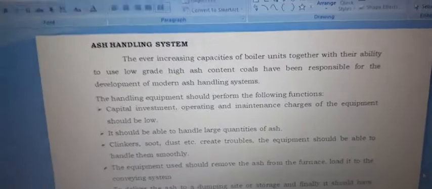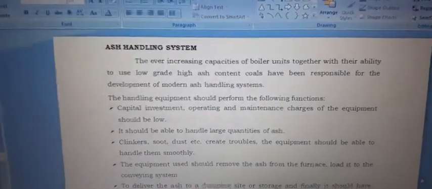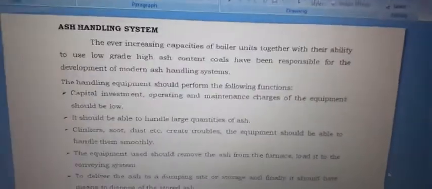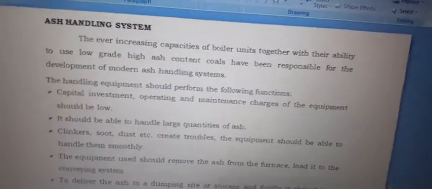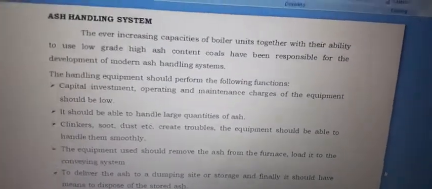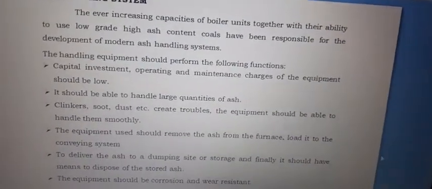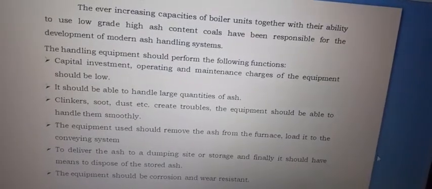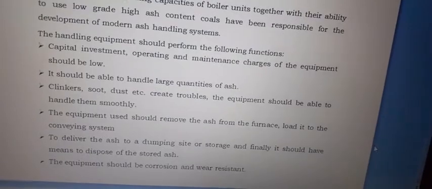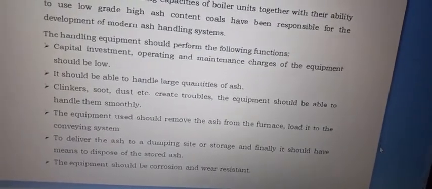Ash handling system. Boiler units have ever increasing capacities, together with the ability to use low grade and high ash content coals. The handling equipment should perform the following functions: capital investment, operating and maintenance charges of the equipment should be low. It should be able to handle large quantities of ash.